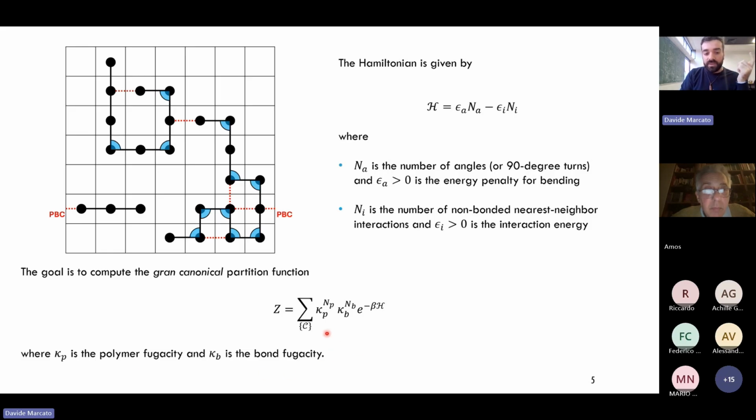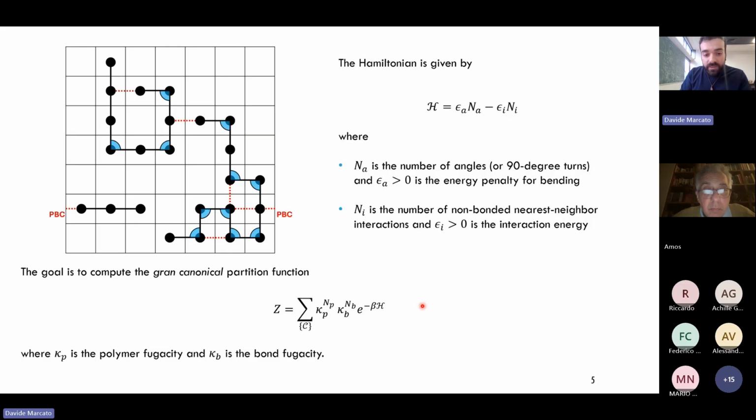The role of these parameters is to assign different statistical weights to configurations that have different numbers of polymers and different numbers of bonds. So for example, if you push kappa P very high, you are favoring configurations in which the number of polymers is large. And the same with kappa B.